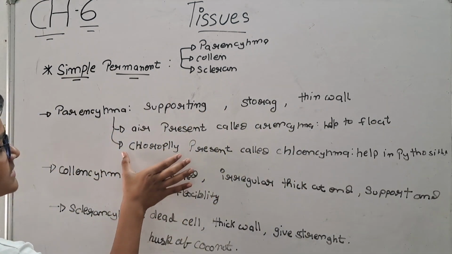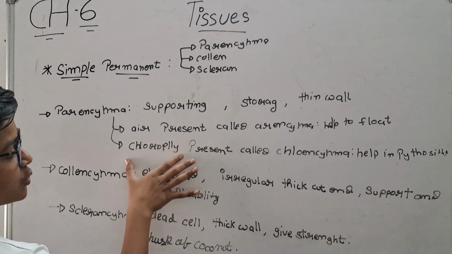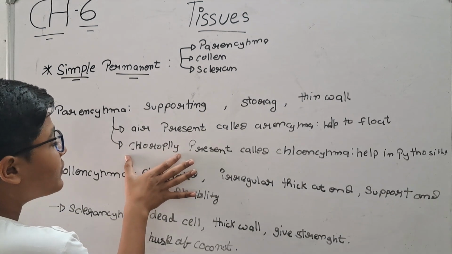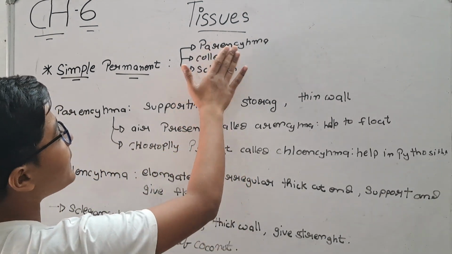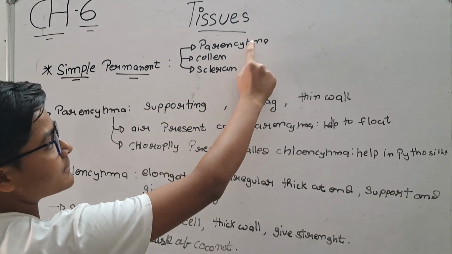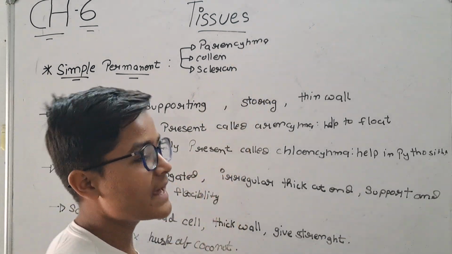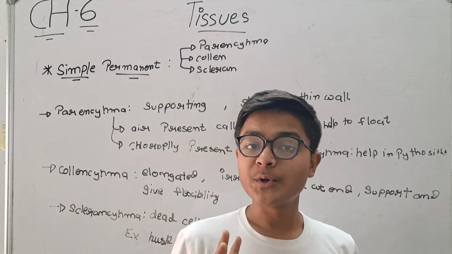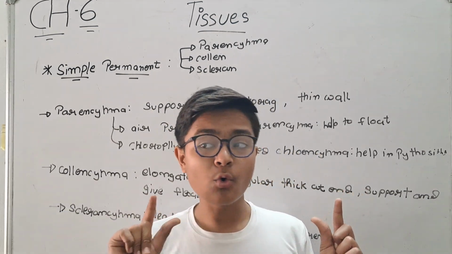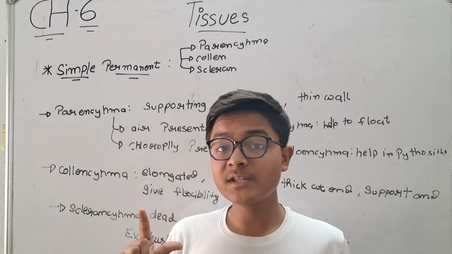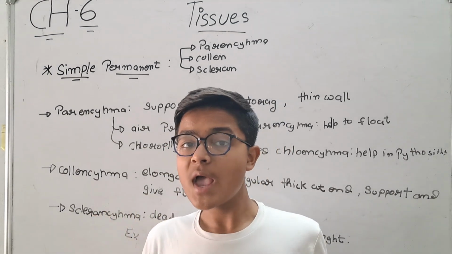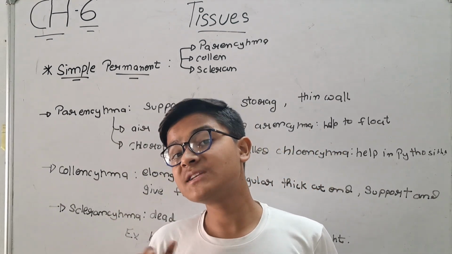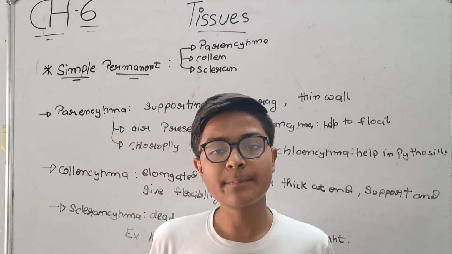If chlorophyll is present in the parenchyma, it is known as chlorenchyma. Students, don't confuse colon and chlorine. In colon there is CO, and in chlorine there is CHLORO. In collenchyma there is no R; in chlorenchyma R is present.